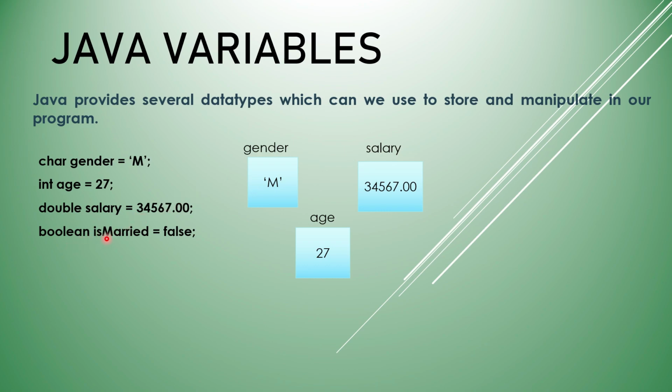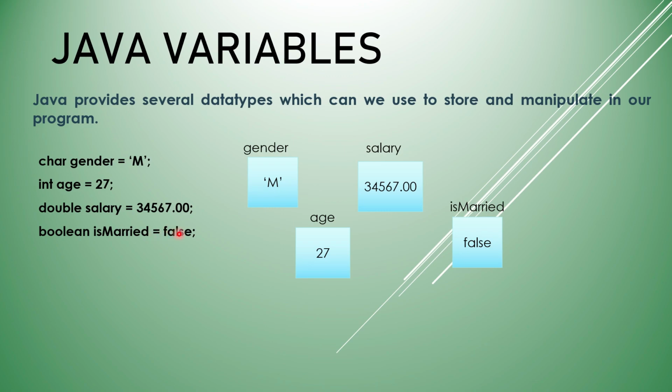Then we have a fourth variable called is married, and this variable is of type boolean. So boolean variable can hold either true or false. So this boolean variable here has been declared, so it allocated some memory for it, and the value that is stored here is false, which we have already assigned while declaring the variable.